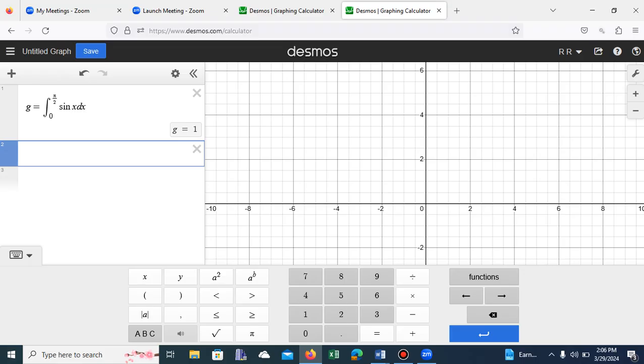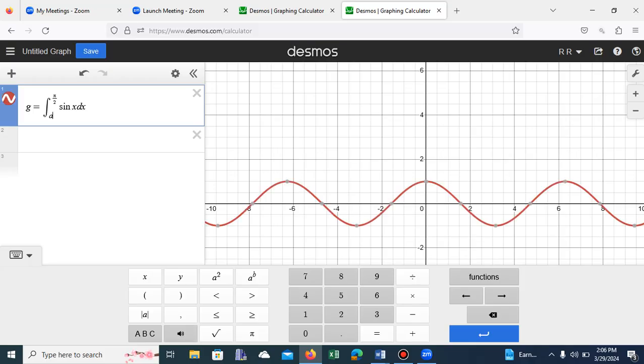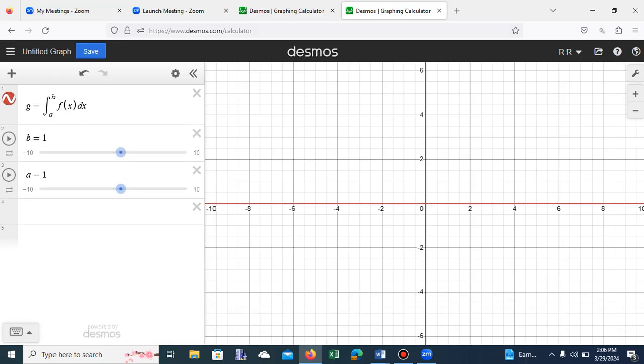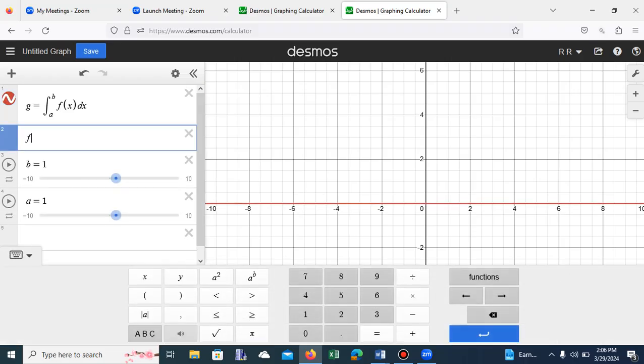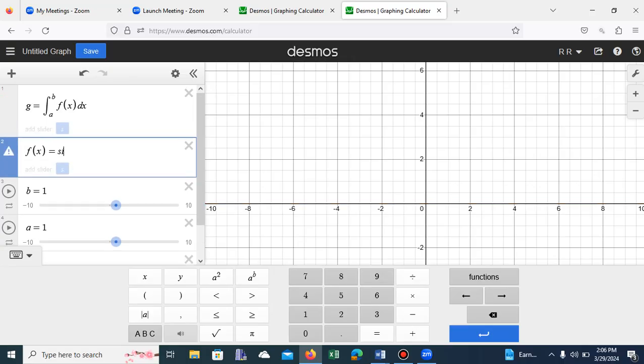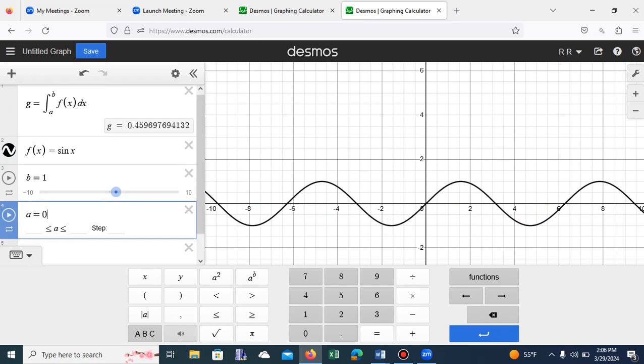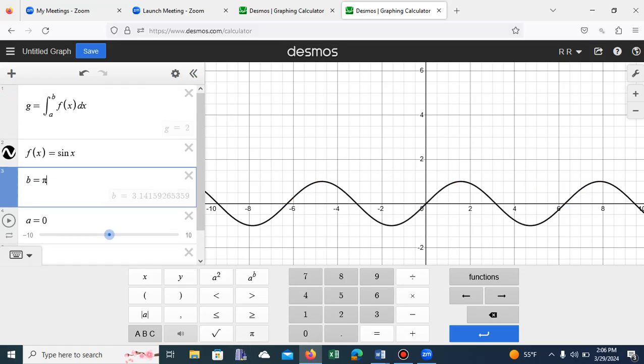And we can create sliders for this, so we can say this a, b, and maybe call this f of x. And so we can say f of x equals sine of x from 0 to pi divided by 2.